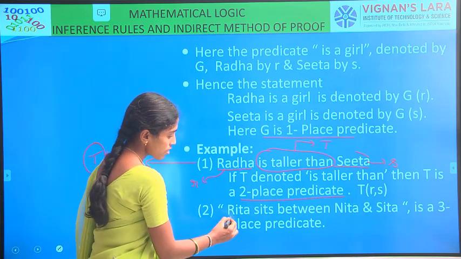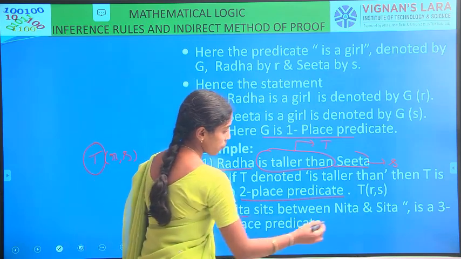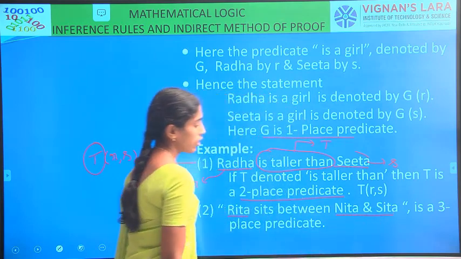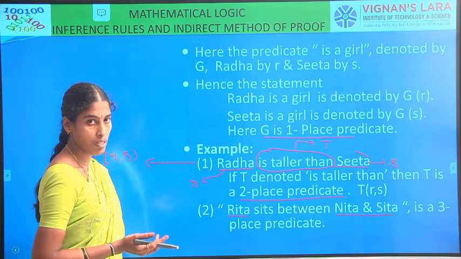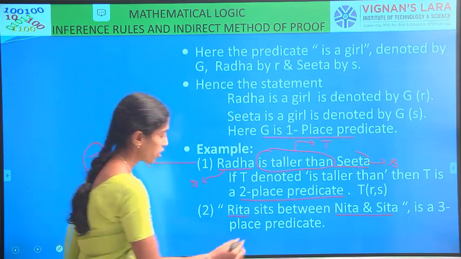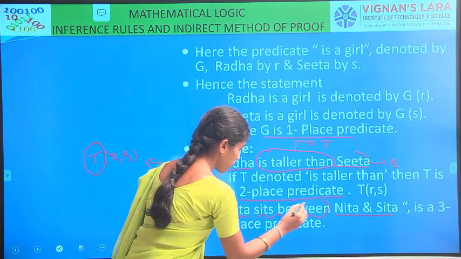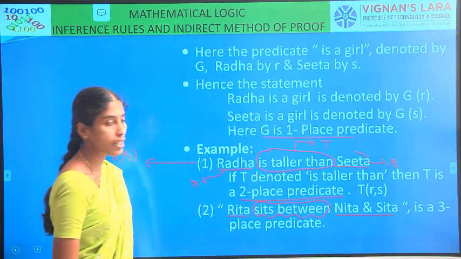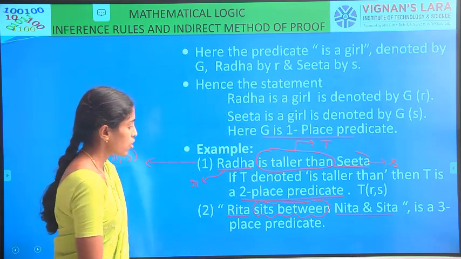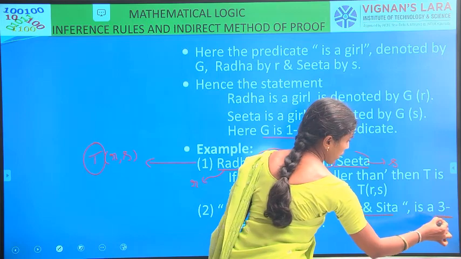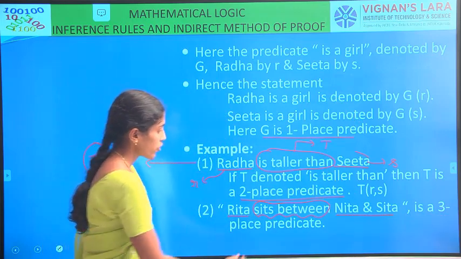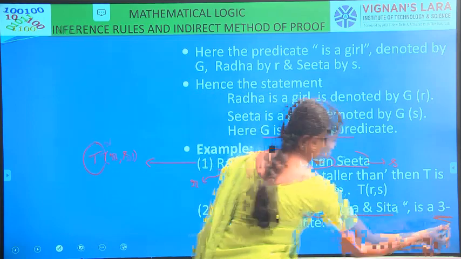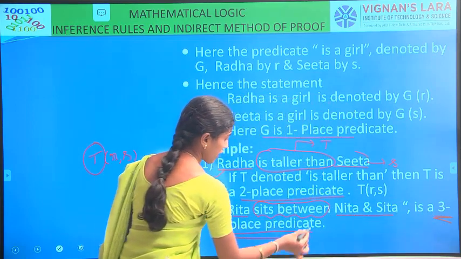Next, Rita sits between Nita and Sita. Here we have three different names, three different objects. "Sits between" is the property of the subject, which is a three place predicate. How can we write it here?